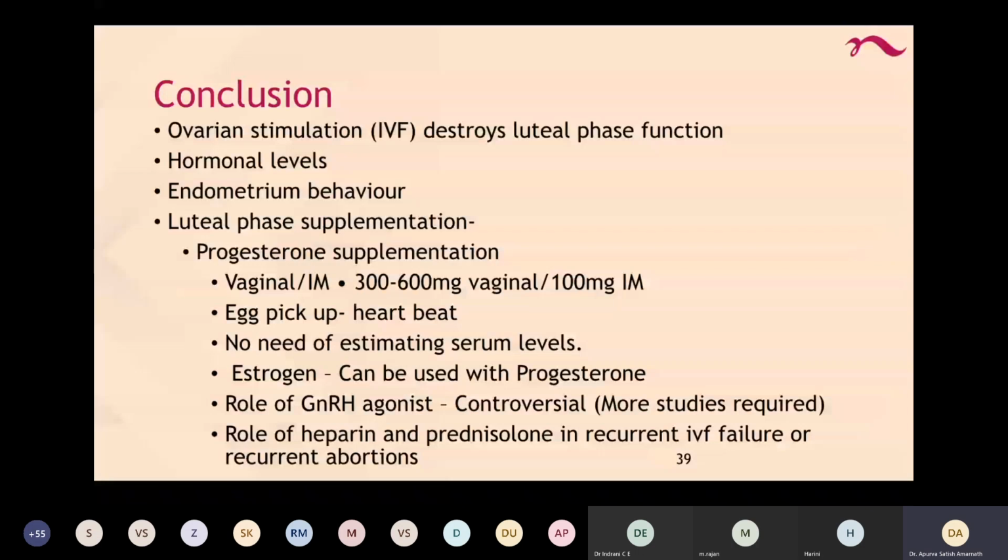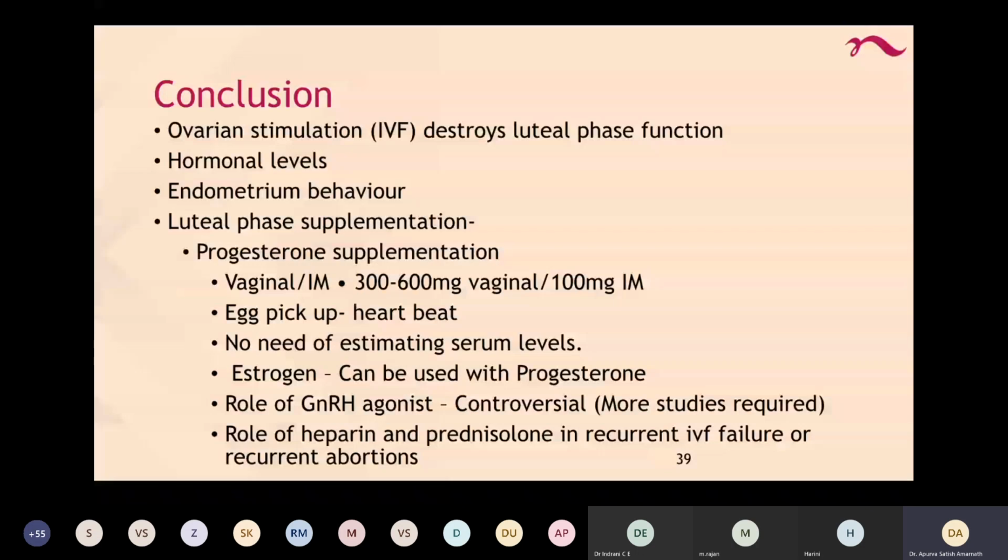It's usually given from egg pickup to at least the presence of a heartbeat. There is no need for estimating serum levels of progesterone before starting it, and estrogen can be used along with progesterone. The role of GnRH agonist is controversial, and heparin and prednisolone in recurrent IVF failure or recurrent abortions are only used if there are absolute indications for their use.